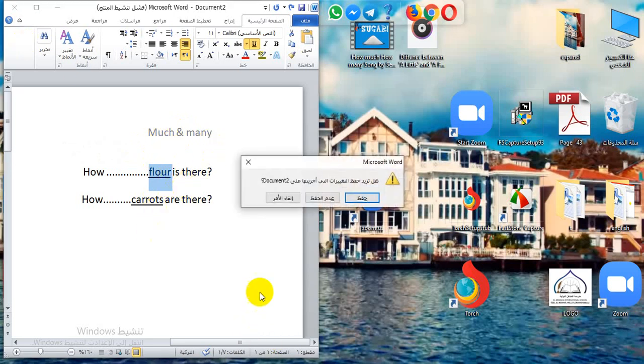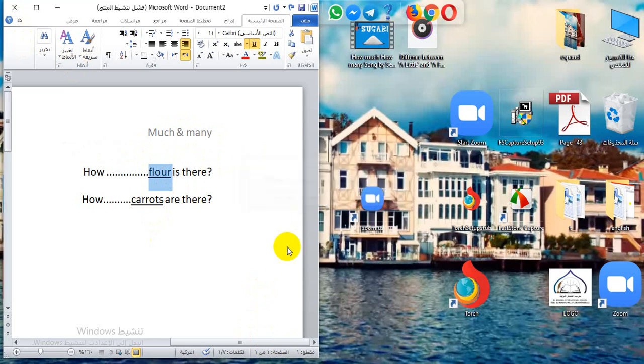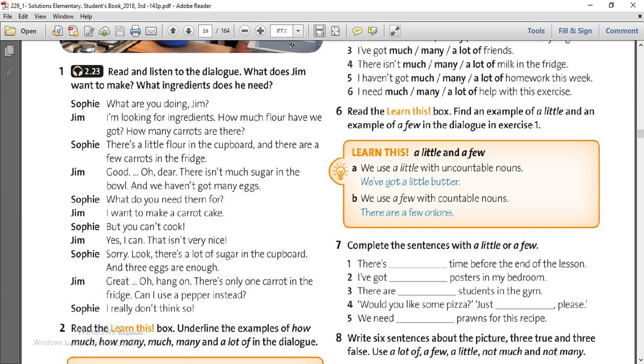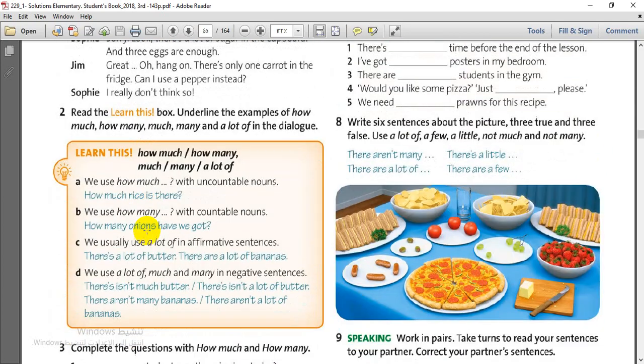So let's come to the book here. Let's come to the learn this box. Number A, we use how much with uncountable nouns. How much rice is there?